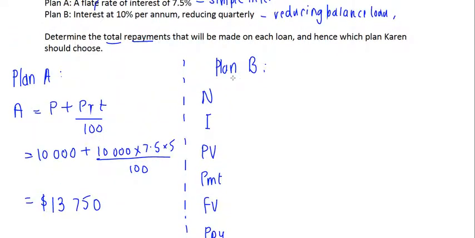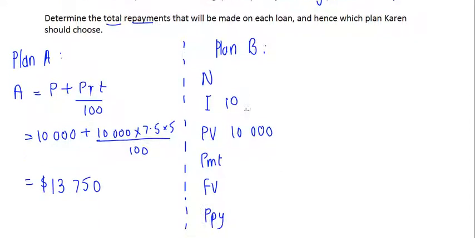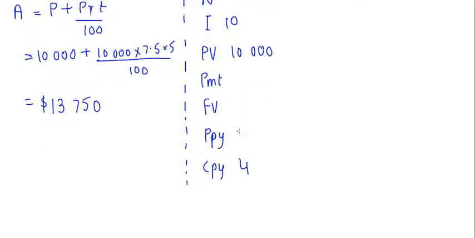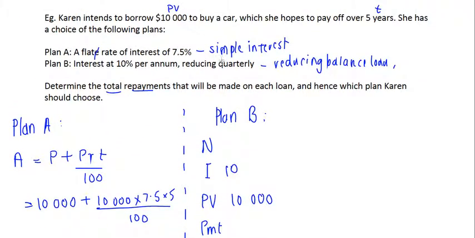Let's compare that though to Plan B, which is interest at 10% per annum. 10,000 was borrowed. Now it's 5 years, and it says here reducing quarterly. So we can assume that there's quarterly payments as well because it doesn't specify. Okay, so reducing quarterly, so quarterly payments. What have we got in terms of time? 5 years and quarterly, that's 5 times 4.